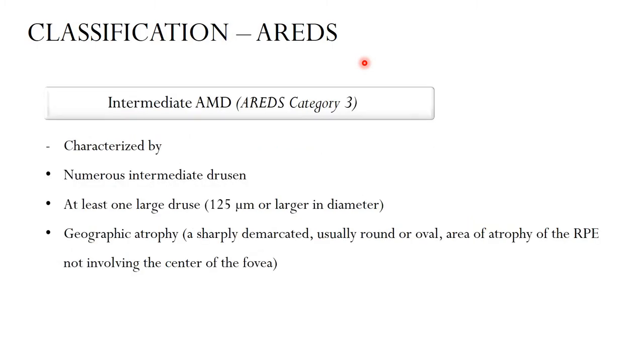Coming to the intermediate age-related macular degeneration, there would be multiple drusens again, and the diameter of the drusen would be more than 125 micrometers, and then there would be a geographical atrophy seen.